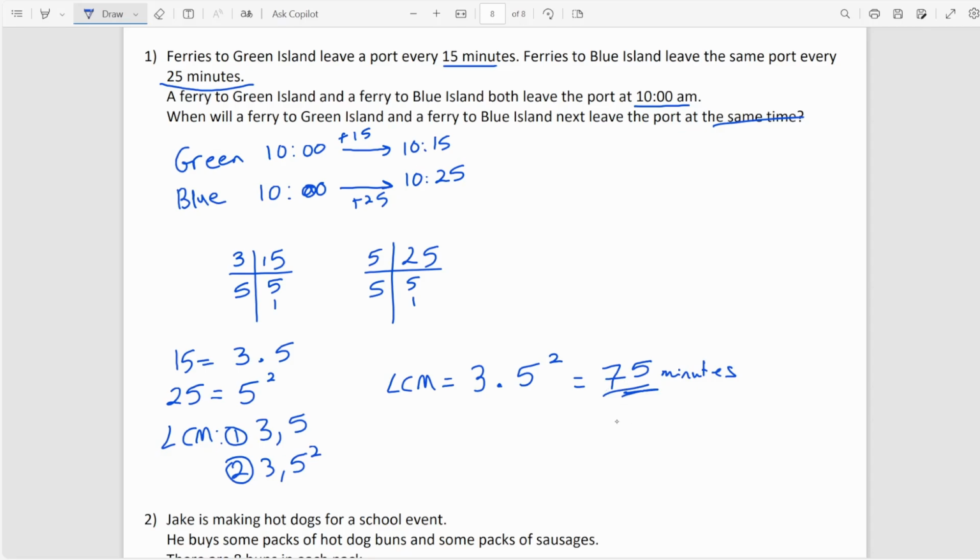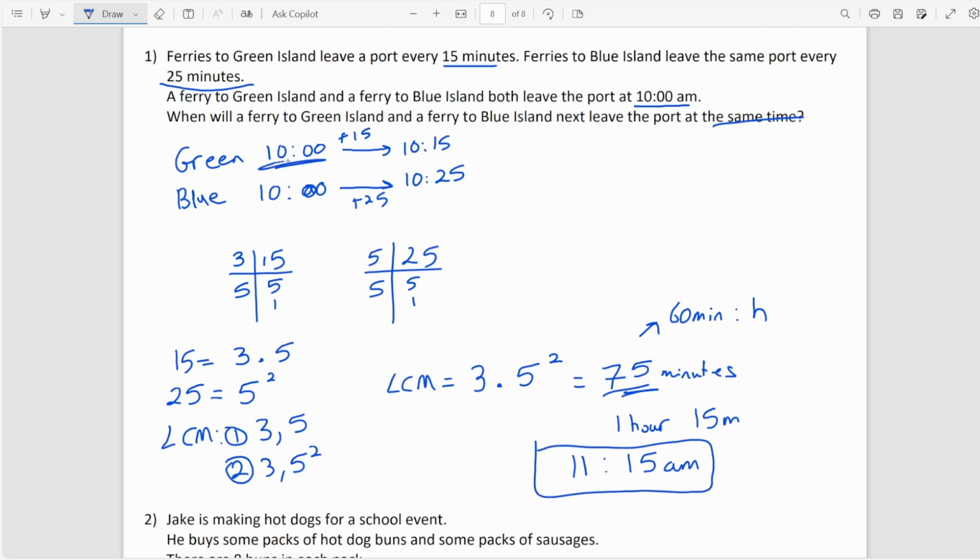So 75 minutes is 1 hour and 15 minutes, because you have 60 minutes in an hour. So now I can go ahead and write the final time, which will be 11:15 a.m. I just added 1 hour 15 minutes to the 10 a.m. that I had originally.